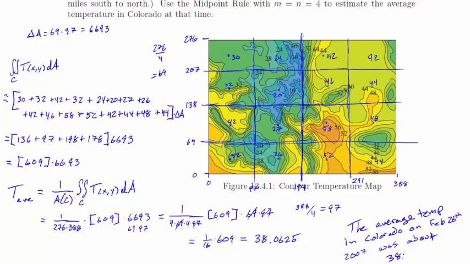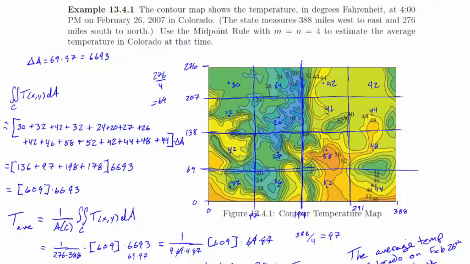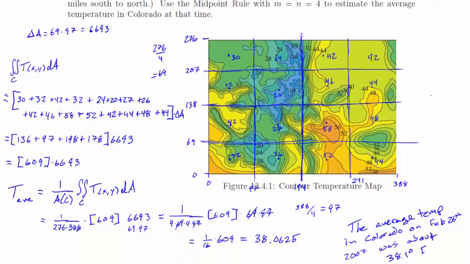But this was about 38, we'll just say 38.1 degrees Fahrenheit, because, scrolling up here, this was measured in Fahrenheit degrees. And this was at a specific time, so we want to make note of that. This is not over the entire day. This was at a specific time. 2007 at 4 p.m. was about 38.1 degrees Fahrenheit.